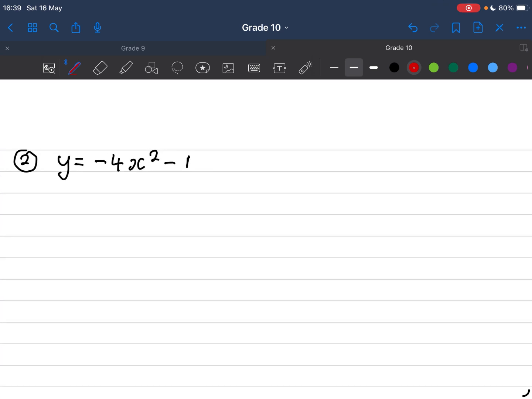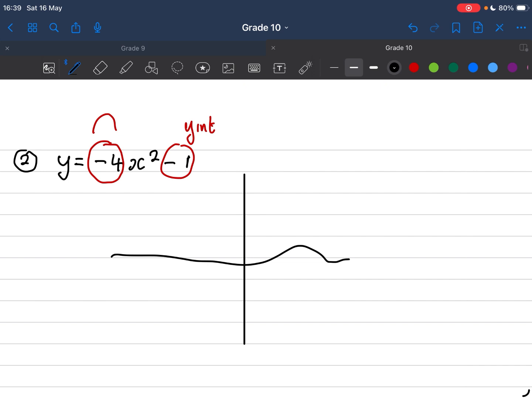Let's try this one. The negative in the front tells us we have a sad face. The minus 1 tells us the y-intercept. So, Cartesian plane, y and x. It's going to go through the y-intercept of minus 1, so let's put that there.